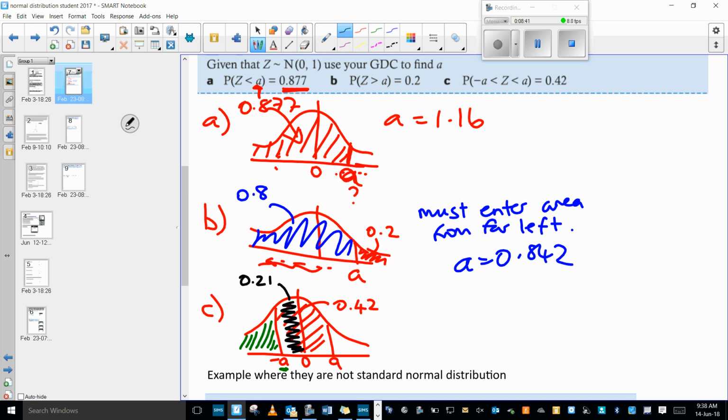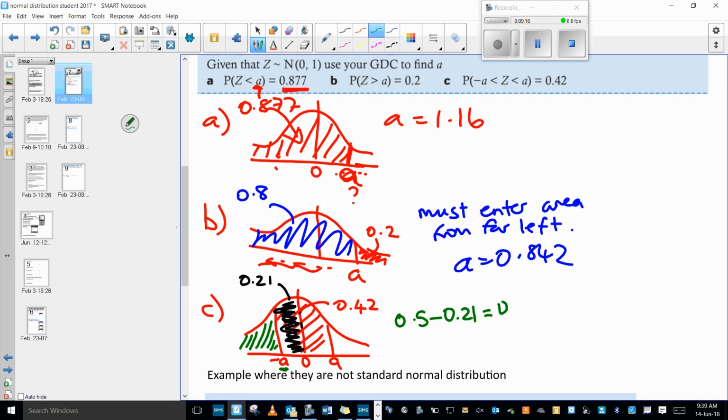If I know the black here is 0.21, you'd subtract it from 0.5, because we know that from this line to the left is 0.5. So to find the green area, we're going to do 0.5 subtract 0.21, which is 0.29. Good mental maths.